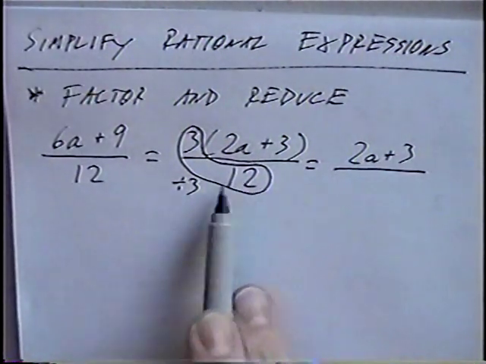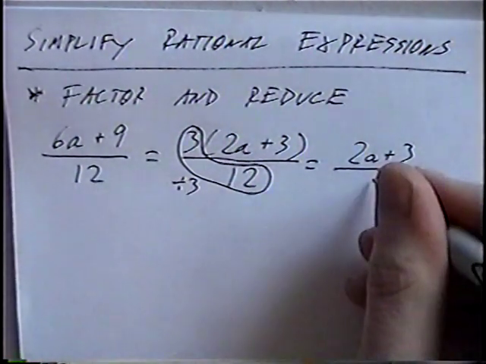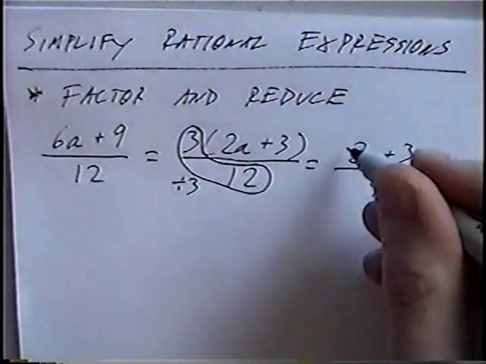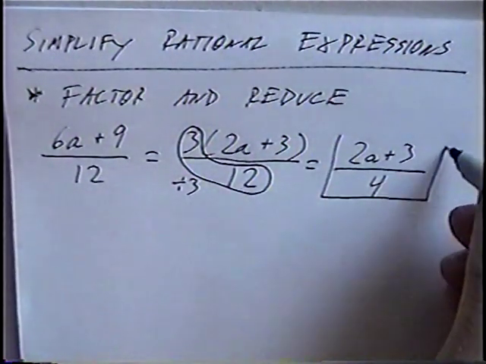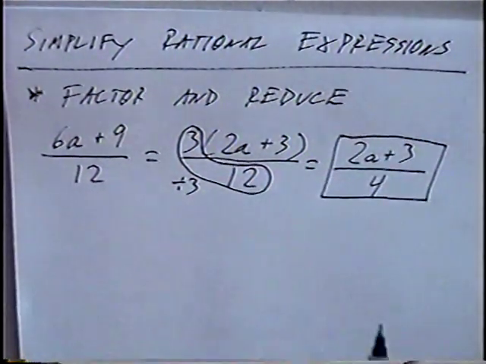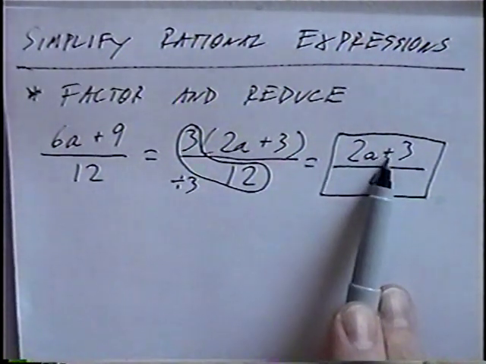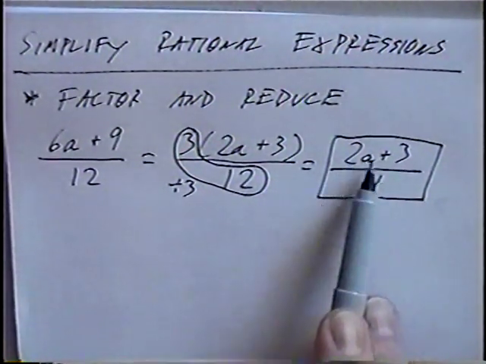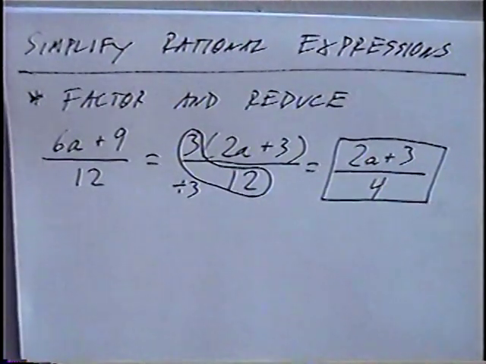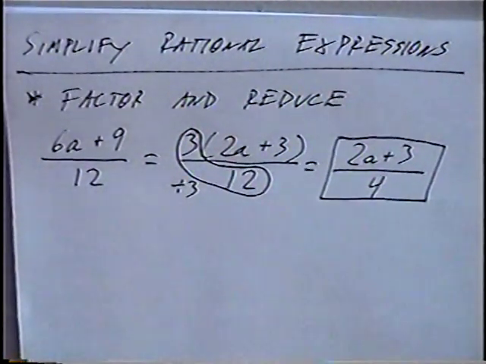For the denominator, we have 12 divided by 3, which would be 4. And your final answer, 2a plus 3 over 4. The 2 and 4 do not reduce. If you have a plus sign in the expression, when dividing by 2, each number would have to be divided by 2. So your final answer would be 2a plus 3 over 4.